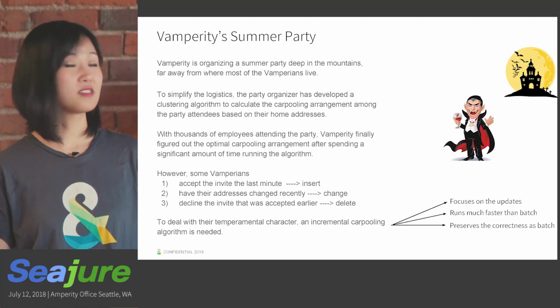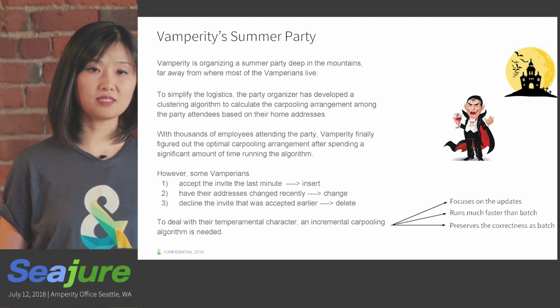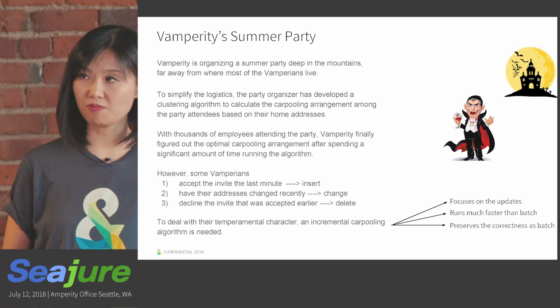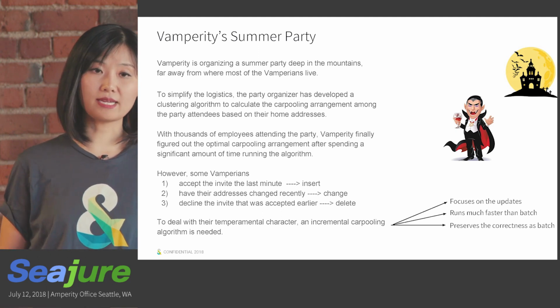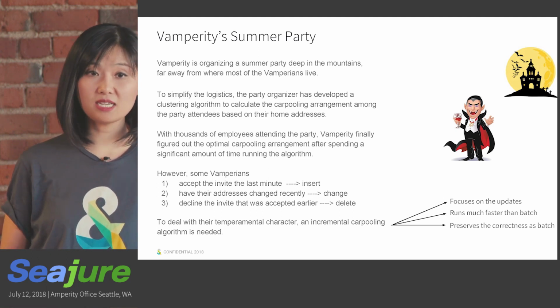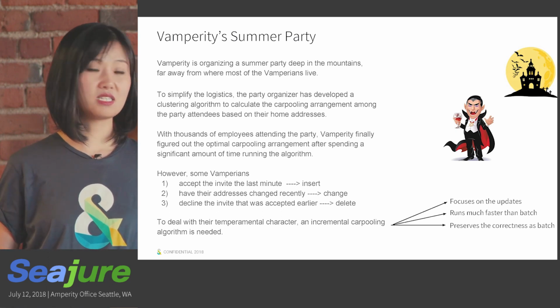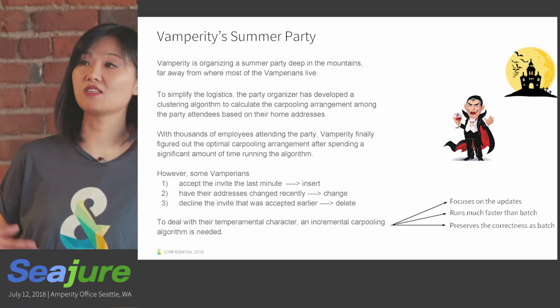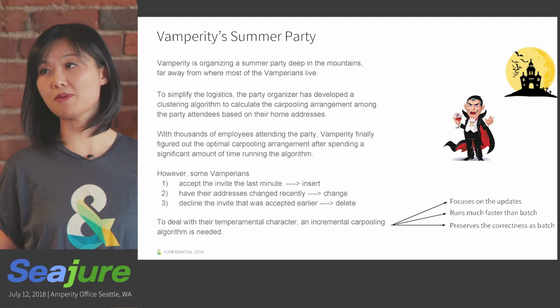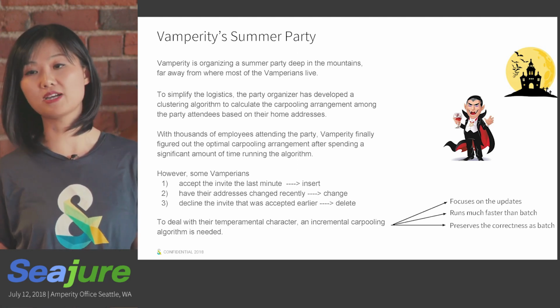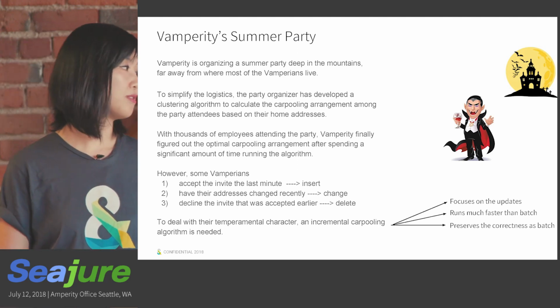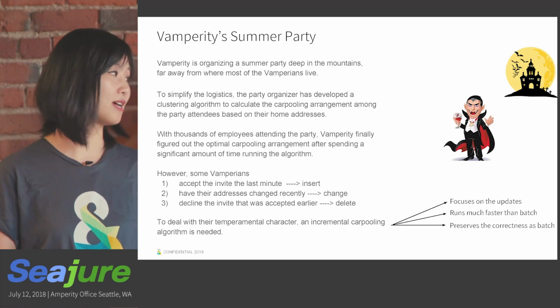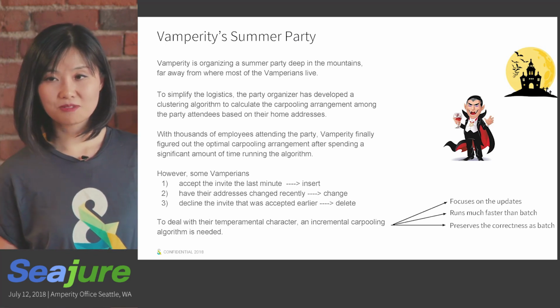However, the vampires are very temperamental. They put emphasis on RSVP. Some people accept the invite last minute. Some people decline the invite even though they accepted before. Someone complained, oh, this is not my address, my address already changed. So what is reflected in the database is the insert, change, and delete.